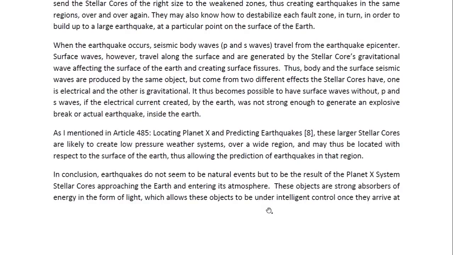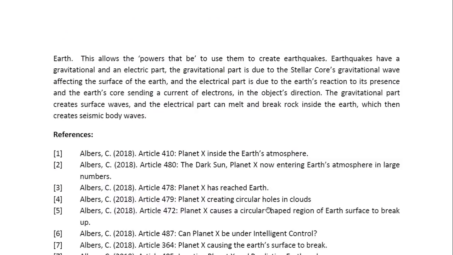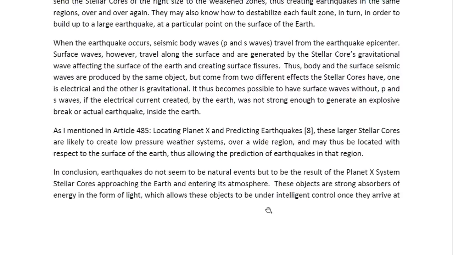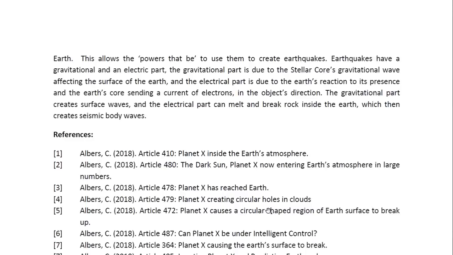In conclusion, earthquakes do not seem to be natural events, but to be the result of the Planet X system's stellar cores approaching the Earth and entering its atmosphere. These objects are strong absorbers of energy in the form of light, which allows these objects to be under intelligent control once they arrive at Earth. This allows the powers that be to use them to create earthquakes.